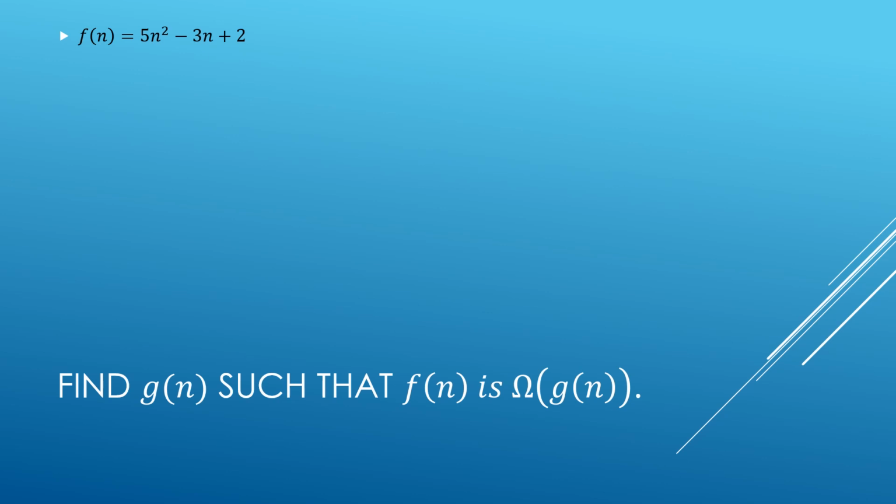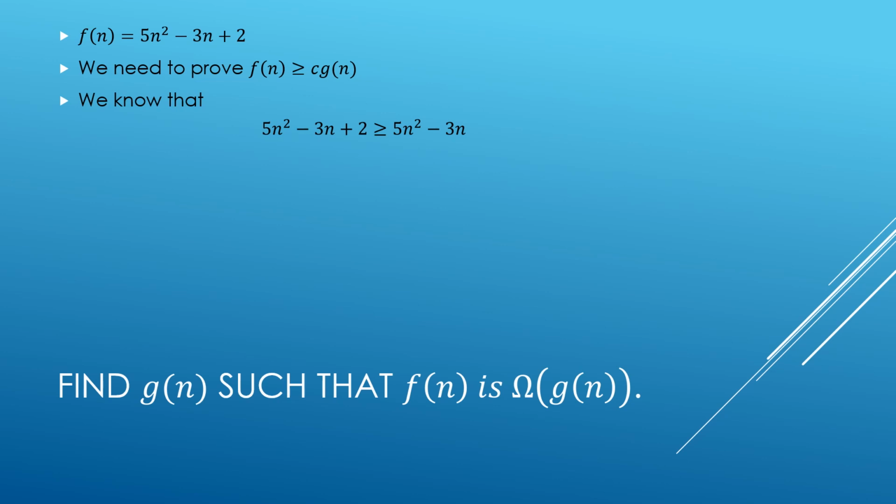f(n) is 5n square minus 3n plus 2. We need to find the omega notation. We know that 5n square minus 3n plus 2 is greater than or equal to 5n squared minus 3n. I have only made a smaller side for the function.